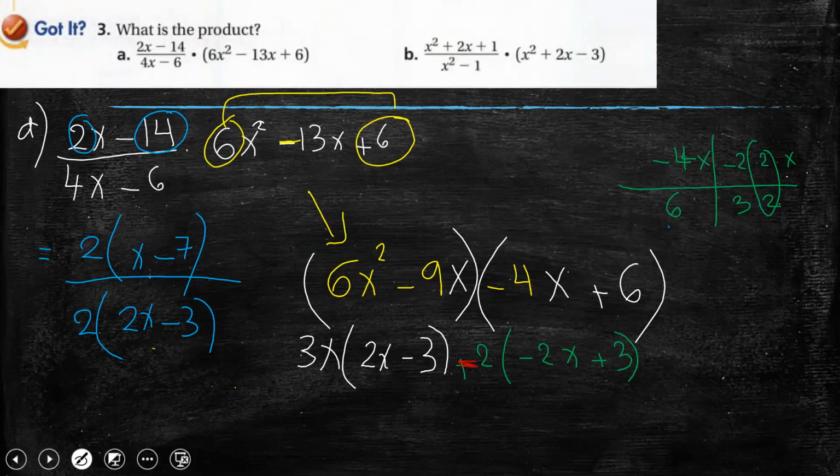So since you take a negative 1 as a common factor, you will change the signs. It will be 2x minus 3 now. So you'll take them together, 2x minus 3 and 3x minus 2 as a common factor. This is now how we factorize this polynomial here.